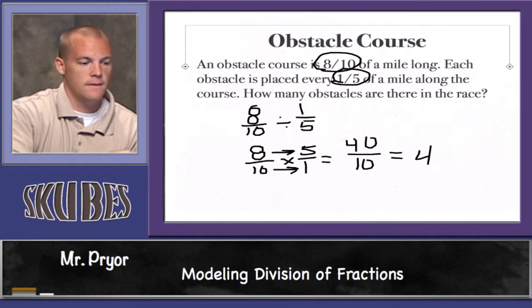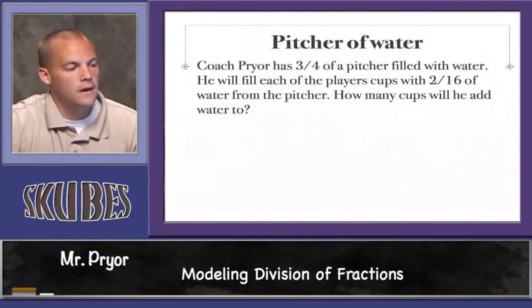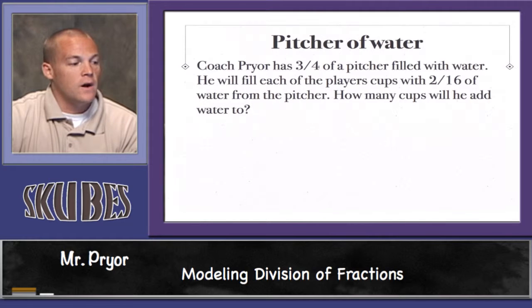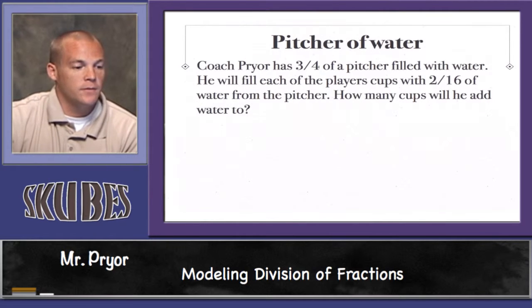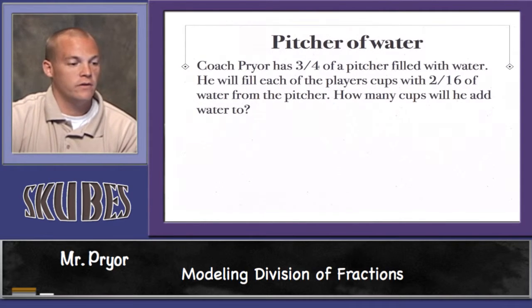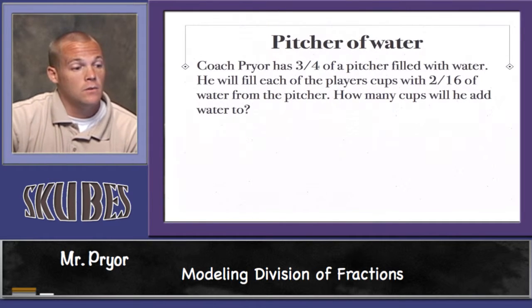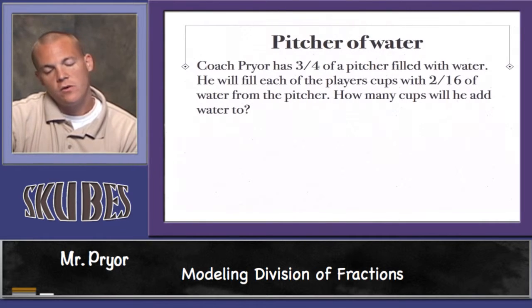All right. And then the last example, a pitcher of water. Coach Pryor has 3/4 of a pitcher filled with water. He will fill each of the players' cups with 2/16 of water from the pitcher. How many cups will he add water to? So in other words, how many players will actually get water? Well, again, what is our total amount? What are we breaking up?